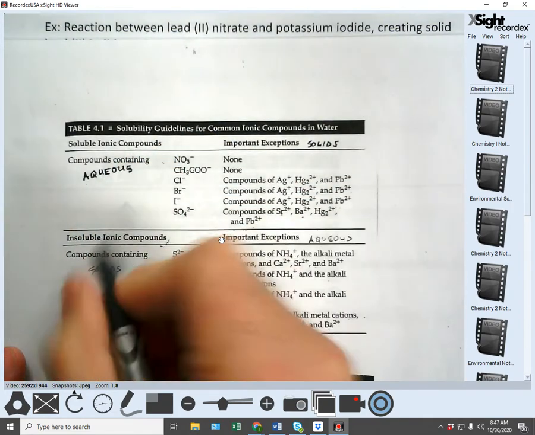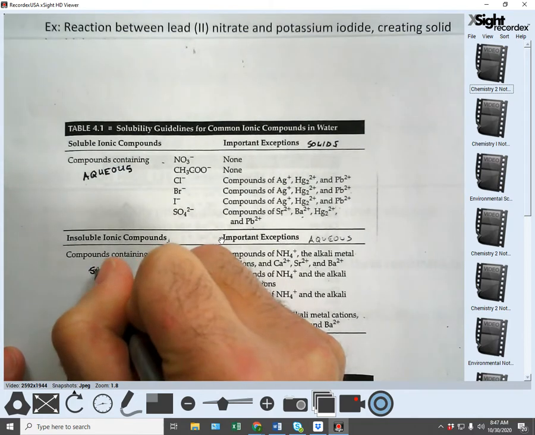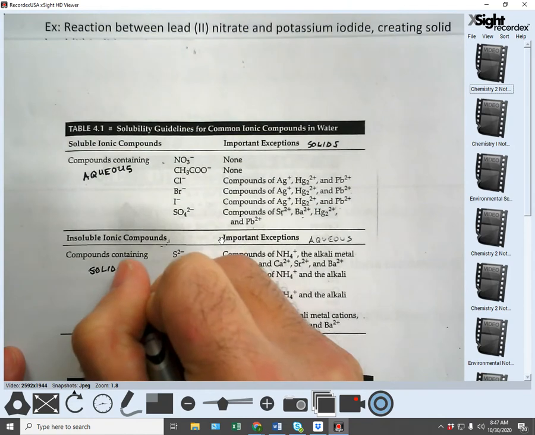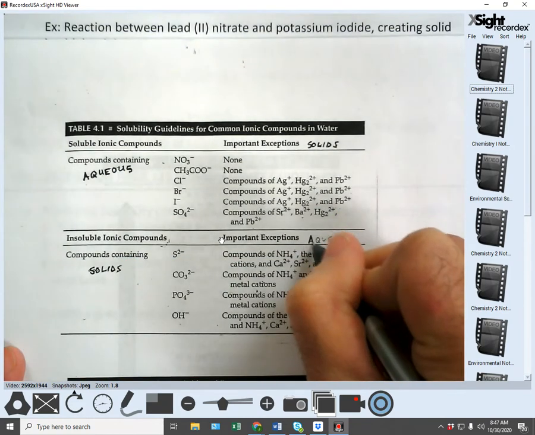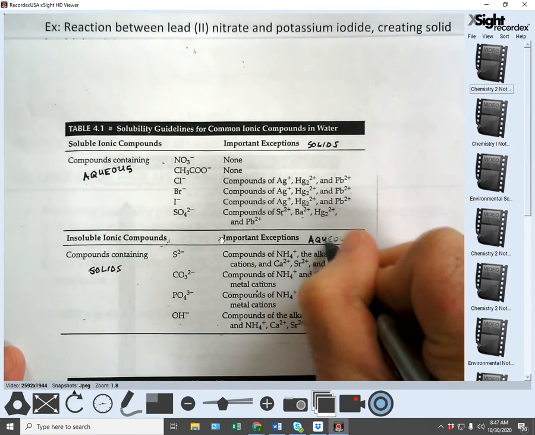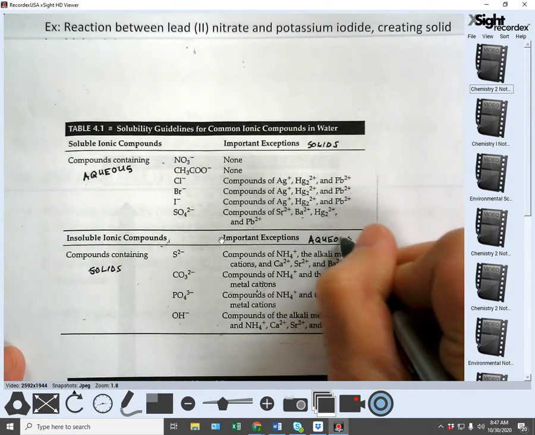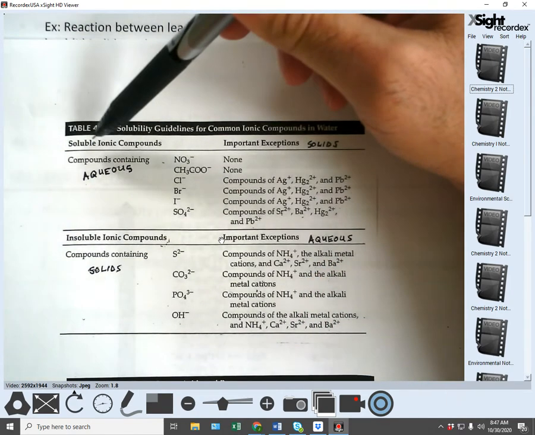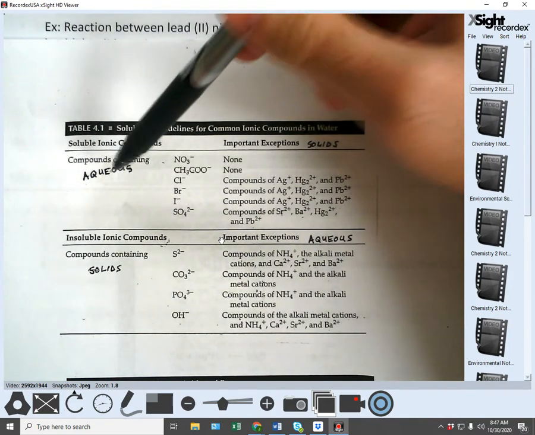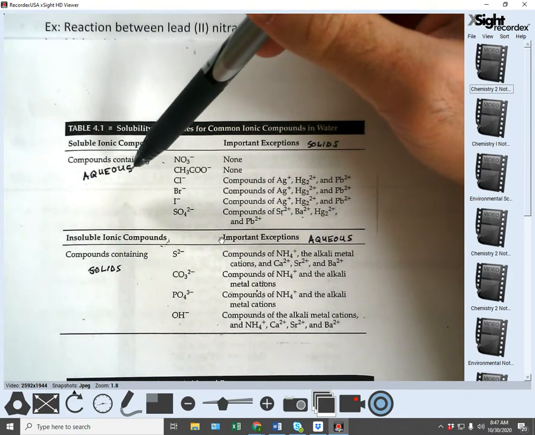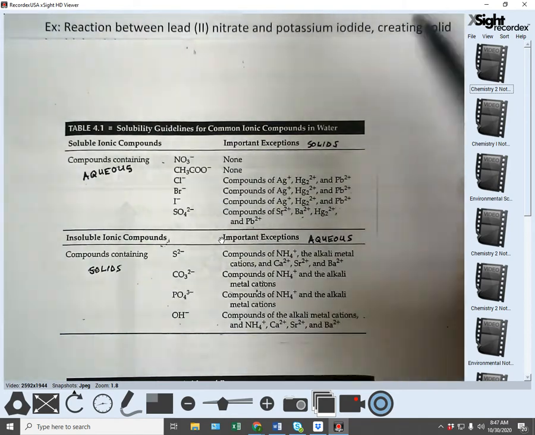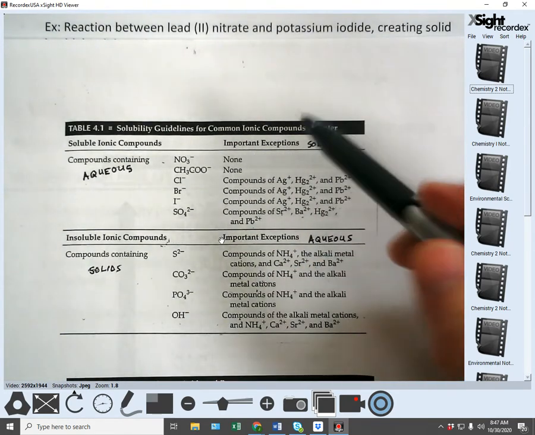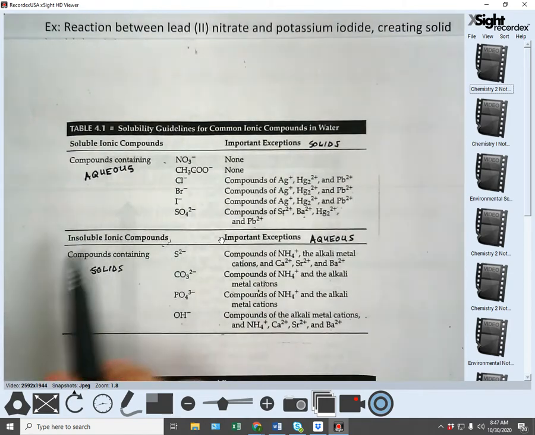I'm just outlining it so you can see it a little more easily. So if it's soluble, that means it's aqueous. If it's insoluble, it means it's going to be a solid. It will not dissolve, won't ionize.